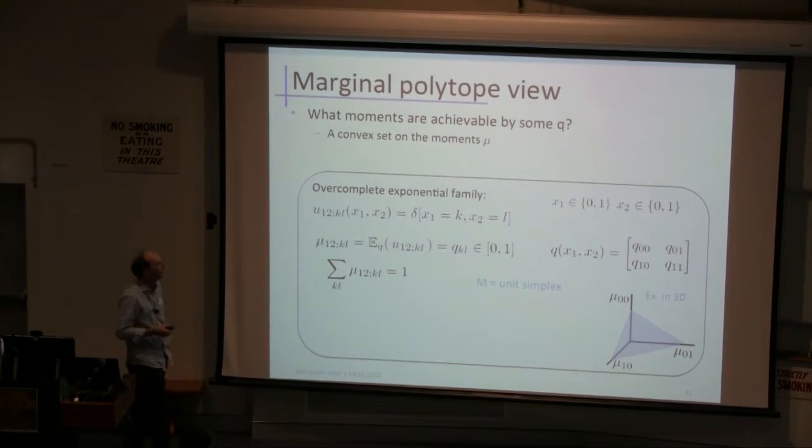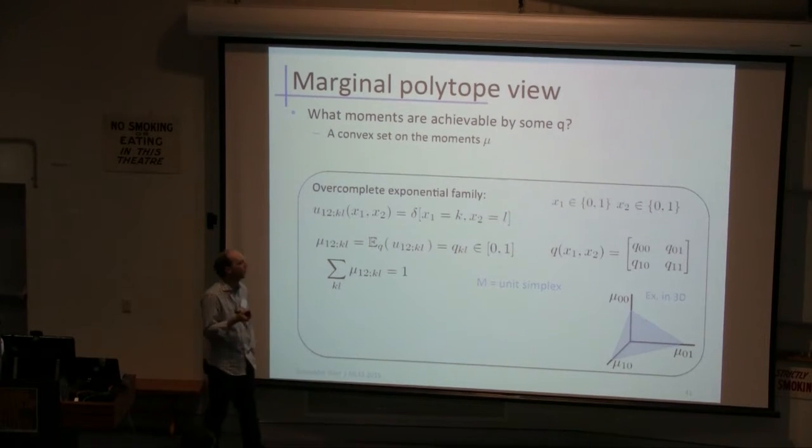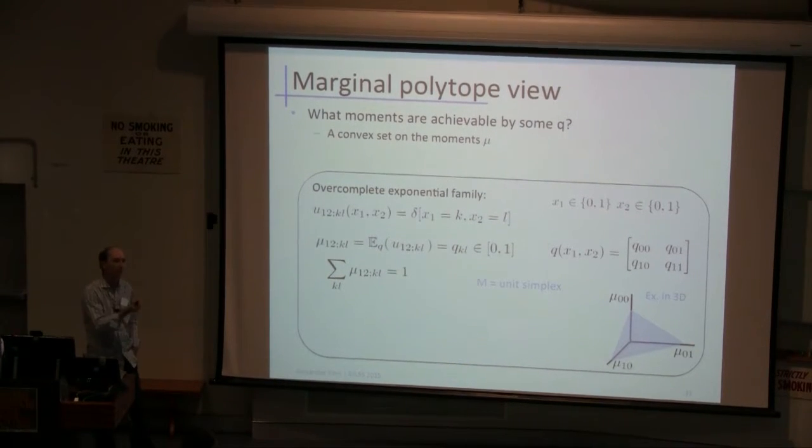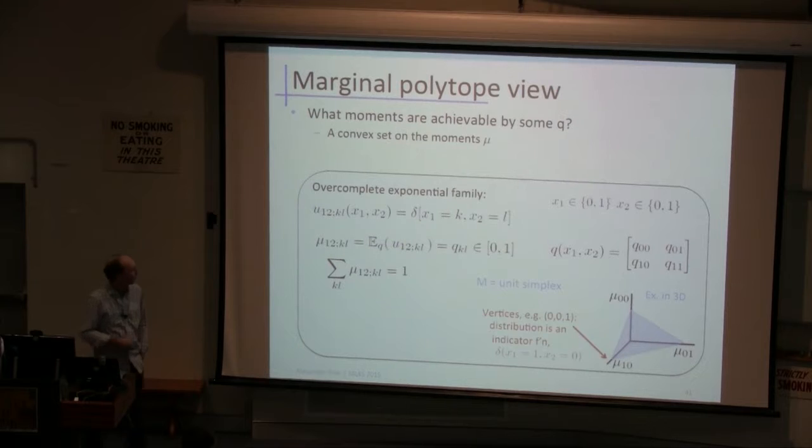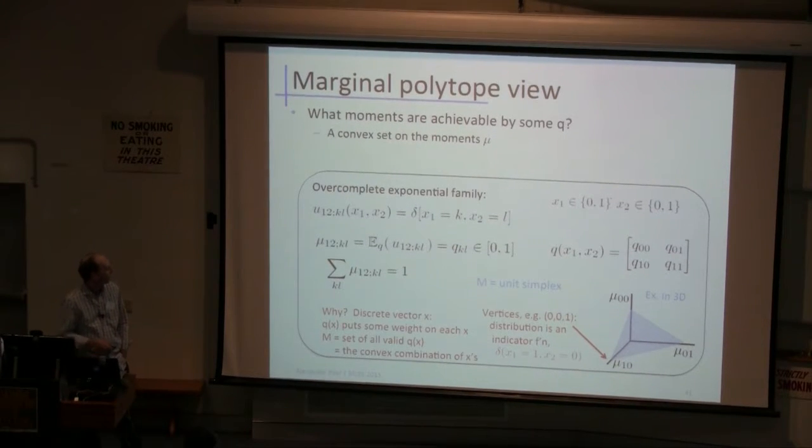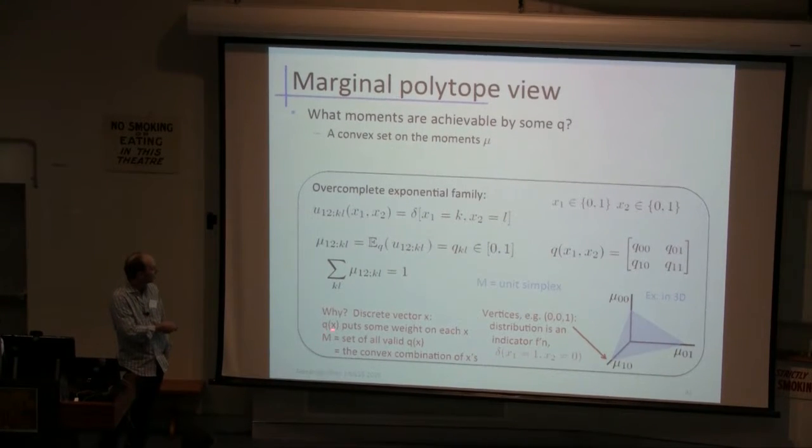So any distribution Q is some convex combination of probability masses on the outcomes of X. So each vertex corresponds to some indicator function, and since Q of X will put some weight on every configuration X, then the set of all possible probabilities corresponding to some Q is just the convex combination of those vertices. So in this case, it's this unit simplex problem.